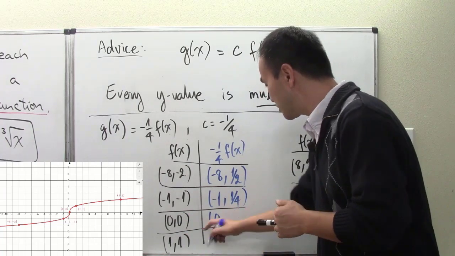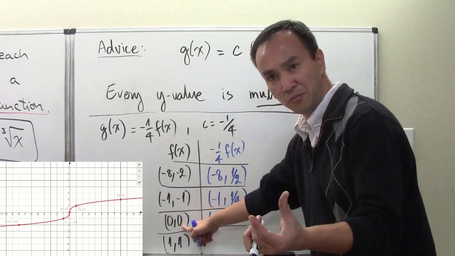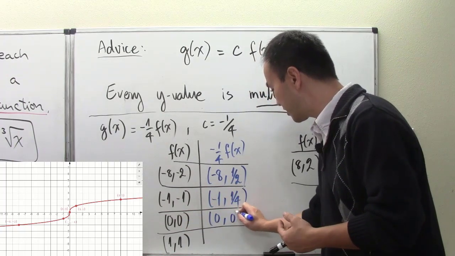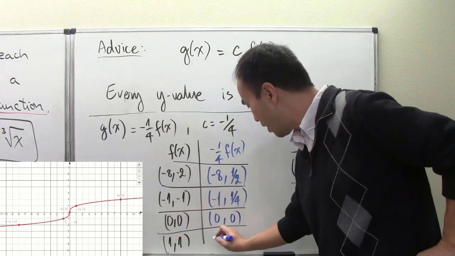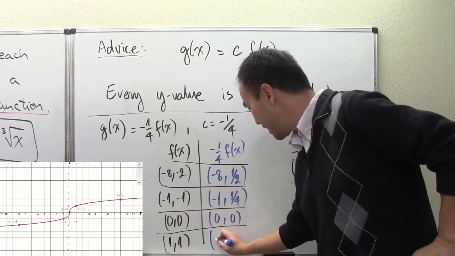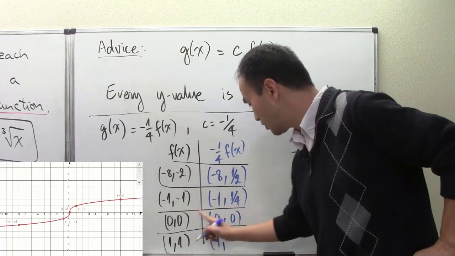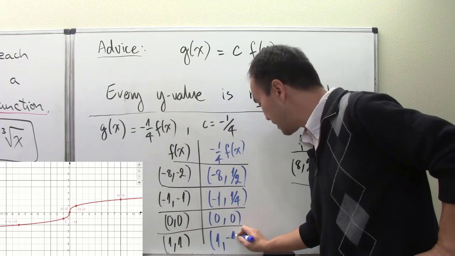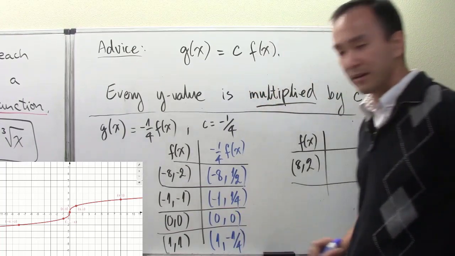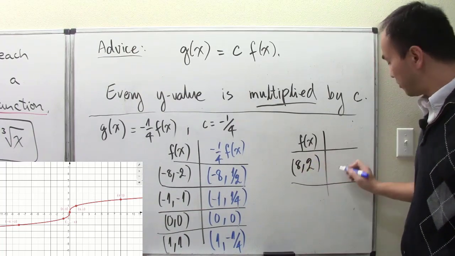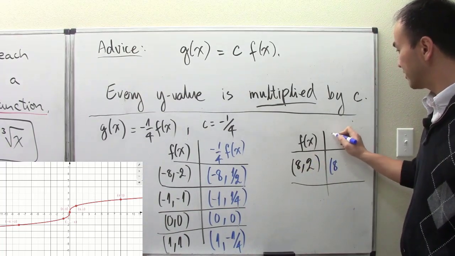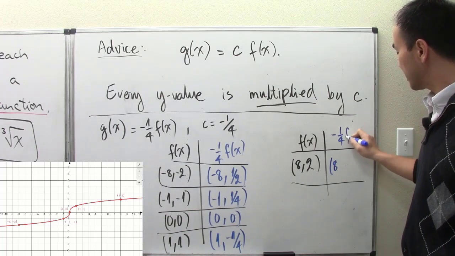Y value is multiplied with -1/4, but 0 multiplied with -1/4 is just 0 again. Multiply 0 with anything, it's going to be 0. And then 1, 1. So x value stays the same. 1 multiplied with -1/4 is going to give me -1/4. Okay, and then this last point right here, 8, 2. 8 stays the same, and this is -1/4 times f of x.